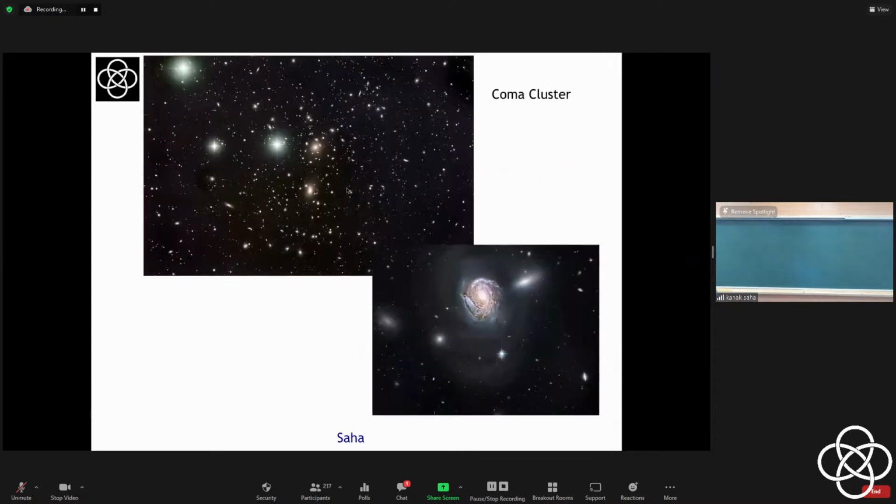And then this is a Coma cluster picture, but I wanted to show you this. When you talk about the morphology of the galaxies, this part up to this part, you could see with a normal telescope, but what you see here is a diffuse light, which goes all the way extending to very far away radius.